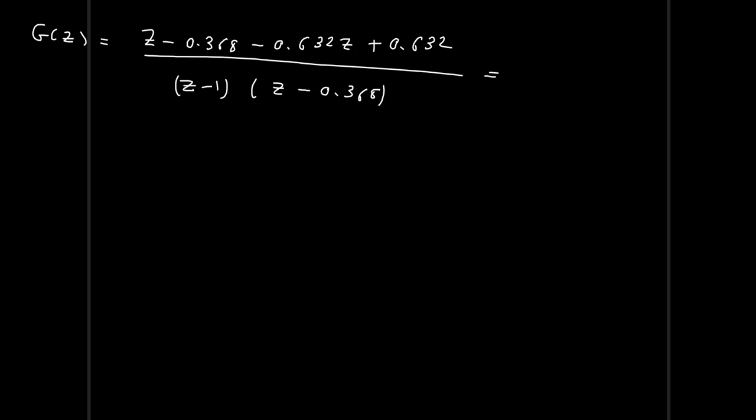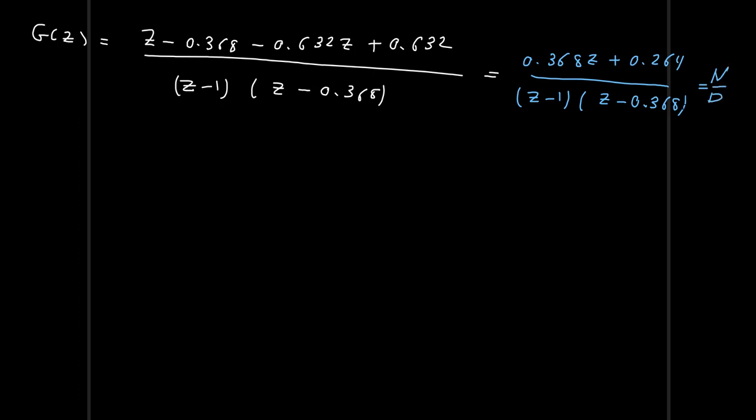Now if we collect the terms, this will equal 0.368z plus 0.264 over z minus 1 multiplied by z minus 0.368. Now this is a rational function which will equal N of z over D of z.